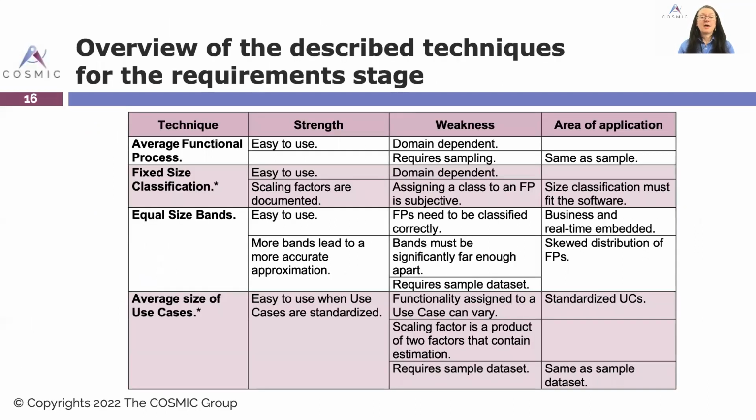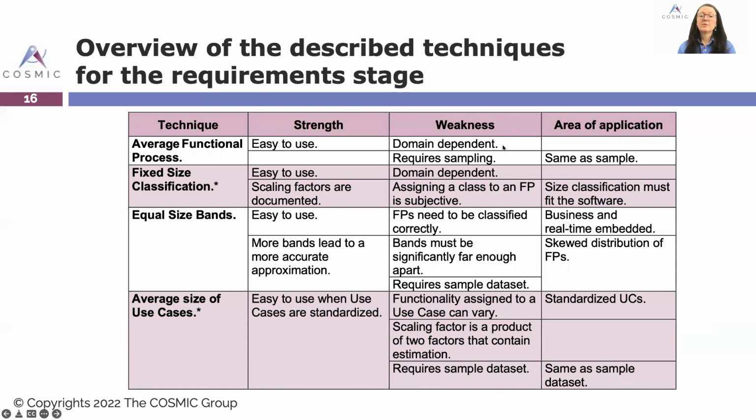Let's look at an overview of the described techniques, well, at least the four of them, for the requirement stage, with their strengths, weaknesses, and areas of application. The average functional process technique is easy to use.